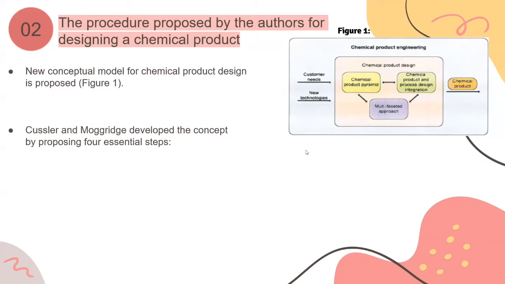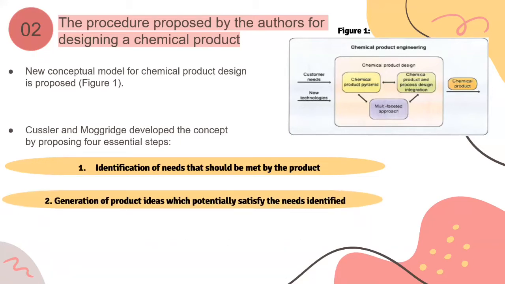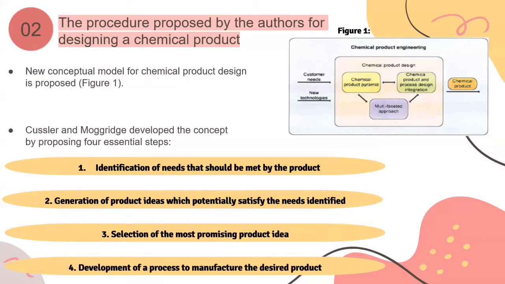Okay, so the authors in this article, Cussler and Moggridge, have developed the concept by proposing 4 essential steps in designing a chemical product. First is the identification of needs that should be met by the product. Second step is the generation of product ideas which potentially satisfy the needs identified. The third step is selection of the most promising product idea. And the last step is the development of a process to manufacture the desired product.